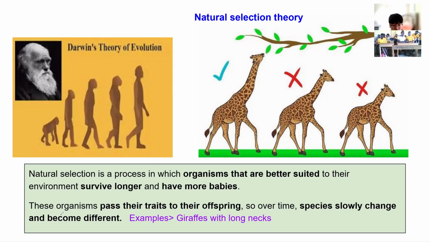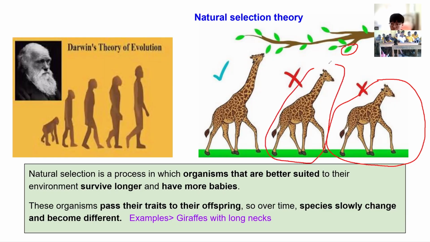And these organisms pass their traits to the offspring, so they slowly evolve and change. An example of this is a giraffe with a long neck. You can see that this giraffe on the very right has a very short neck, and it cannot reach the leaf that is on the tall tree. It grew a little bit, but this giraffe also could not reach the leaf, and it could not survive for long.